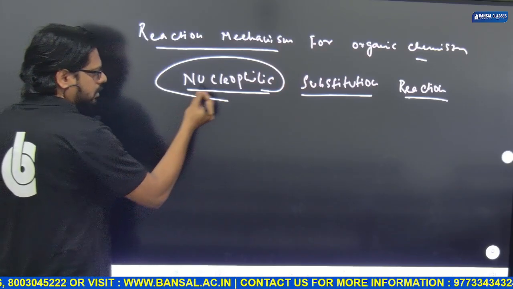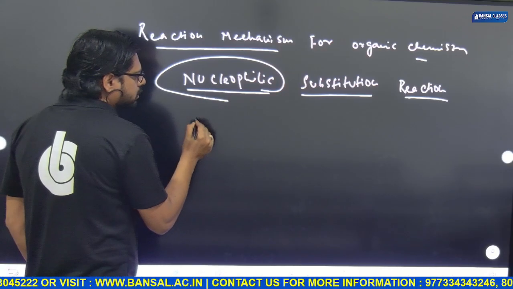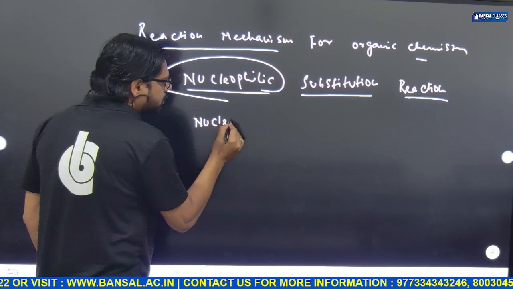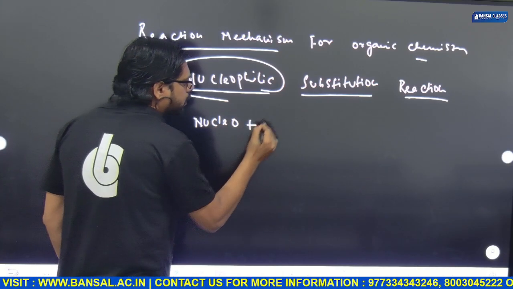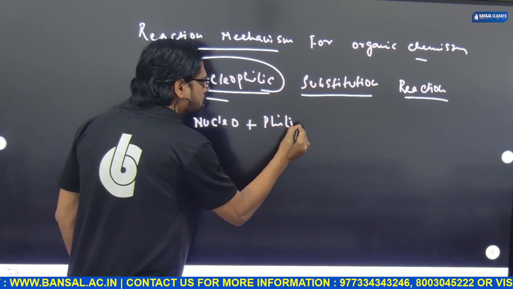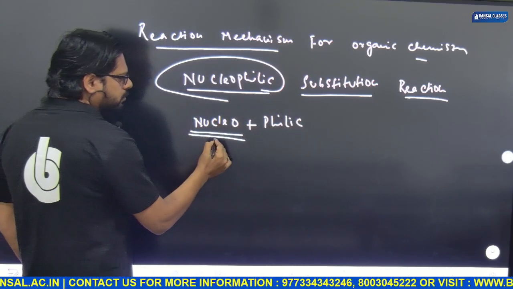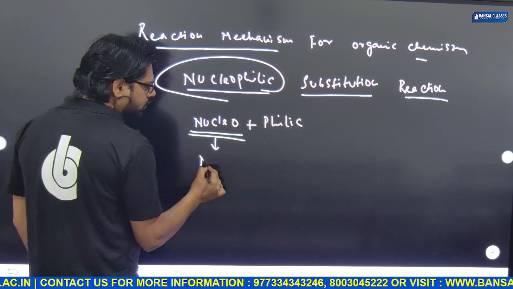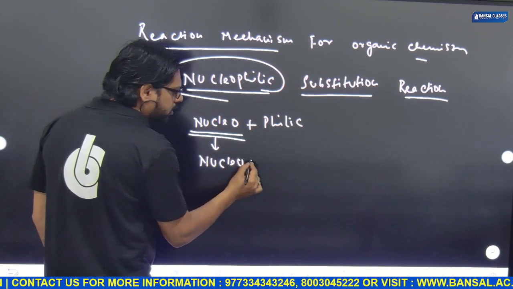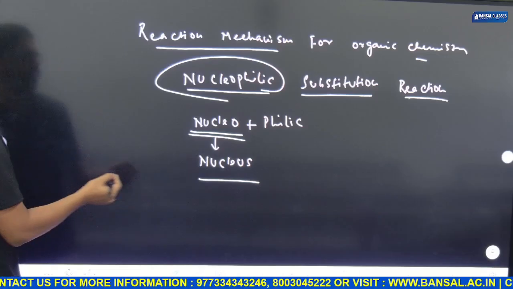Now what do we mean by nucleophilic? If we differentiate the word, it consists of nucleo plus philic. What do you mean by nucleo? It seems to be coming from a word which means nucleus. Now we all know what a nucleus is.